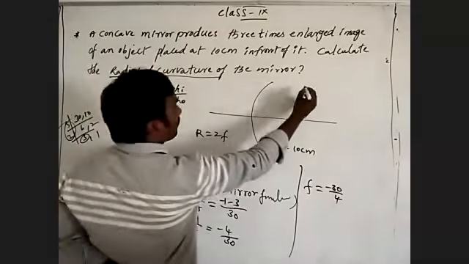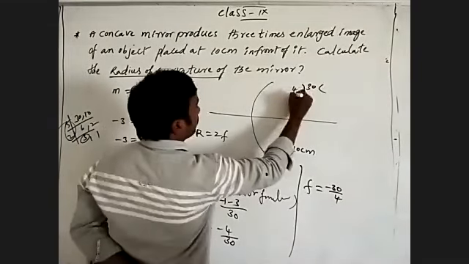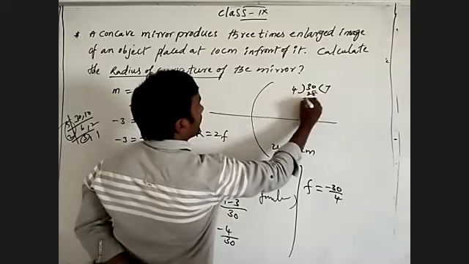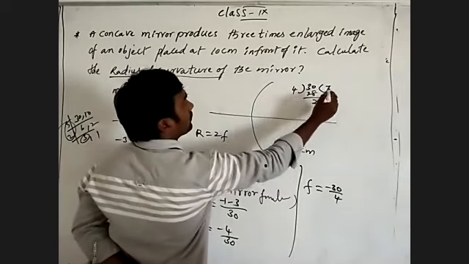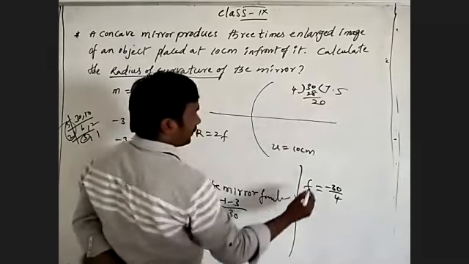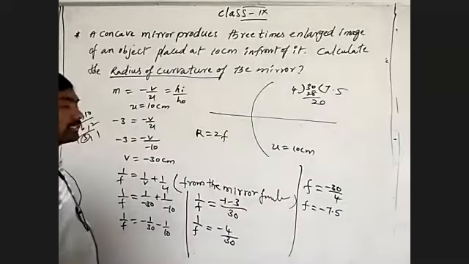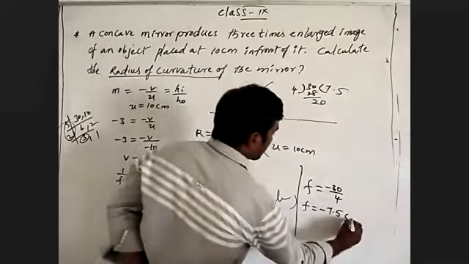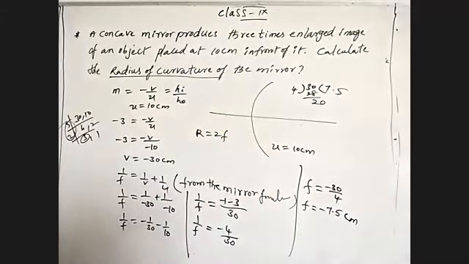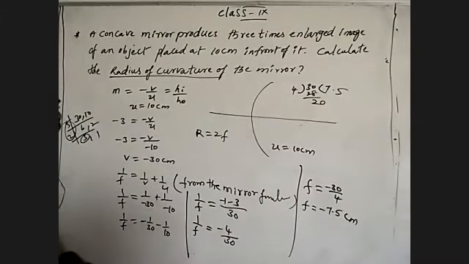By doing the division, 30 by 4, 4 sevens are 28, so 2 take 5. So focal length is minus 7.5 centimeter. Focal length is minus 7.5 centimeter.